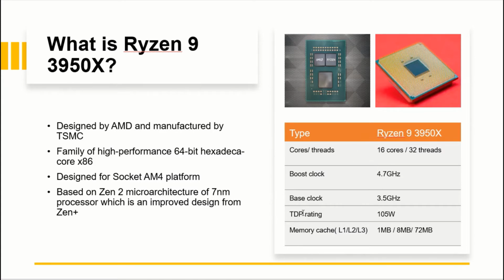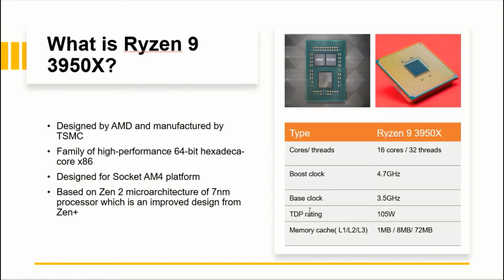It also runs at a base clock speed of 3.5 GHz and a maximum boost clock of up to 4.7 GHz. Maximum boost clock for an AMD processor is the maximum frequency achievable by a single core on the processor running a single-threaded workload.